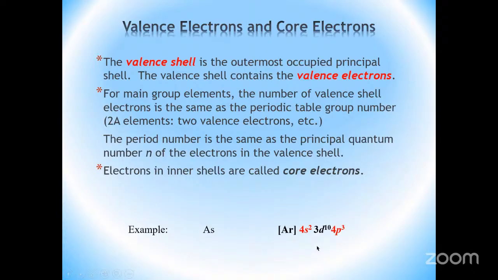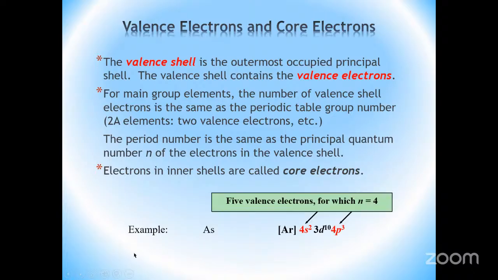Even though you have a 3d10 here, these would not be among the valence electrons because these 10 electrons are in the 3rd shell. So you have a total of 5 valence electrons. As far as the core electrons are concerned, it would be 10 from the 3d sublevel and the 18 from the argon, which gives a total of 28 core electrons.